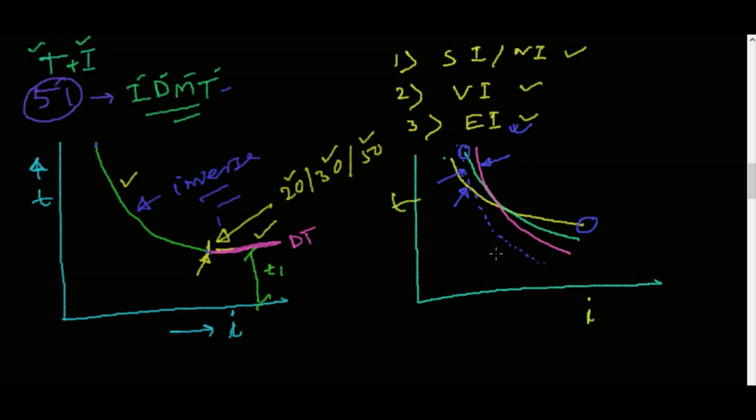If this is the LV circuit breaker or LV protective device, and this is the upstream relay, then the extremely inverse IDMT curve will be suitable for this particular case. So we cannot select the standard inverse or the very inverse curve.